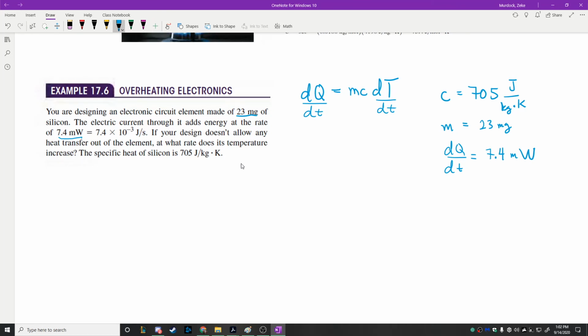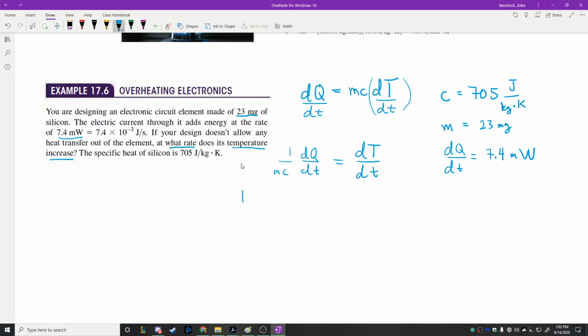All right, our question here is, at what rate does its temperature increase? So really we want to solve for dT/dt, right? So if we write 1 over mc times dQ/dt, that should give us the rate at which the temperature increases.